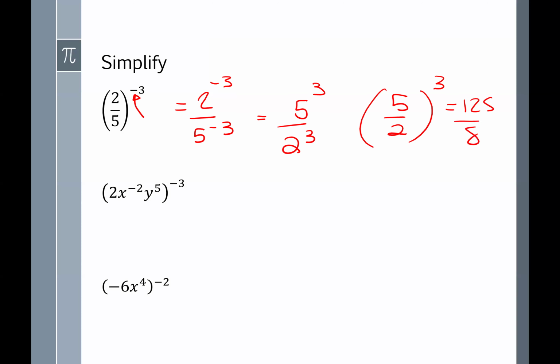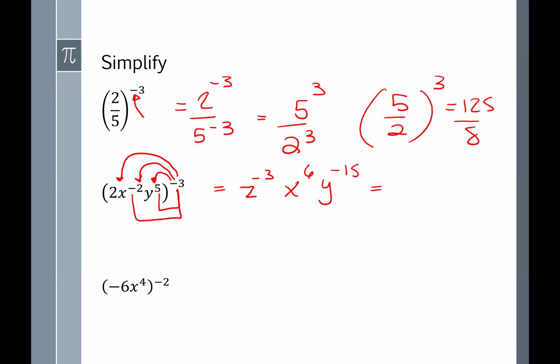And here, if I raise a product to a power, I raise everything to that power. Now, when I raise a real number to a negative power, then I'm going to actually have to do that. And then when I raise a power to a power, I multiply the exponents. -2 times -3 is +6. 5 times -3 is -15.